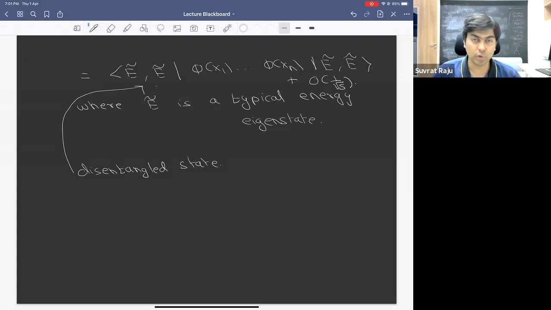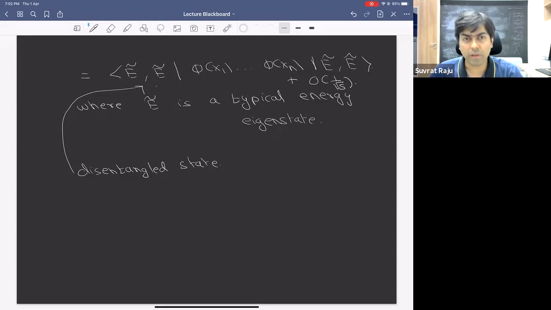In the beginning, we had a sum over E and E prime, so we had all of these cross terms. Then we used the fact that this correlator had to be independent of tau to argue that those cross terms actually couldn't contribute. And therefore, the experience of this infalling observer must actually be the same as the experience of the infalling observer in a disentangled state.